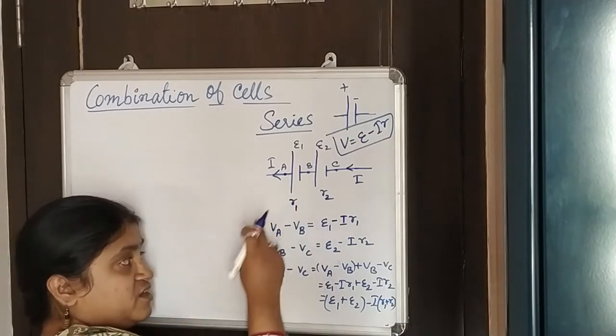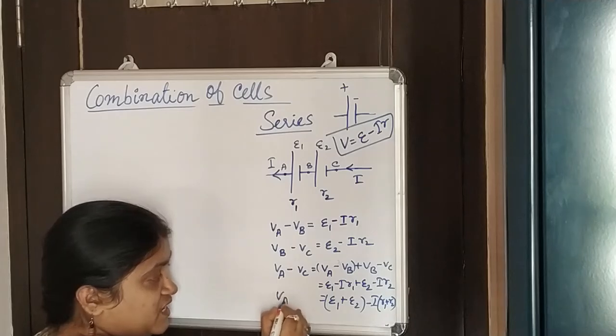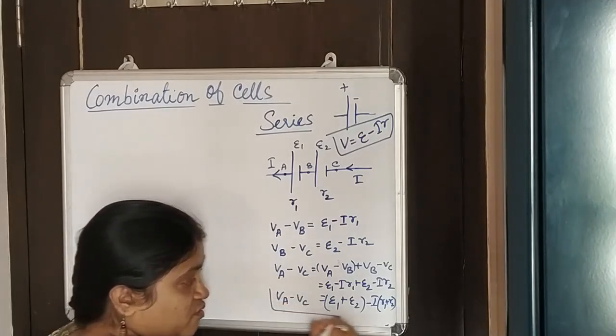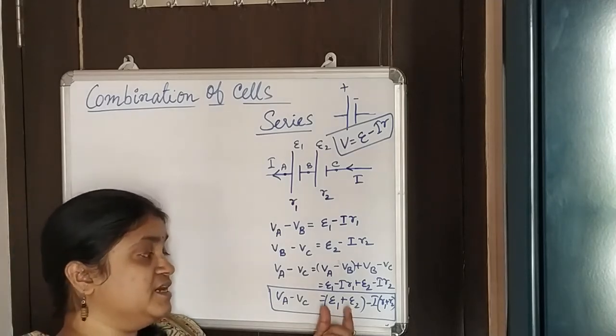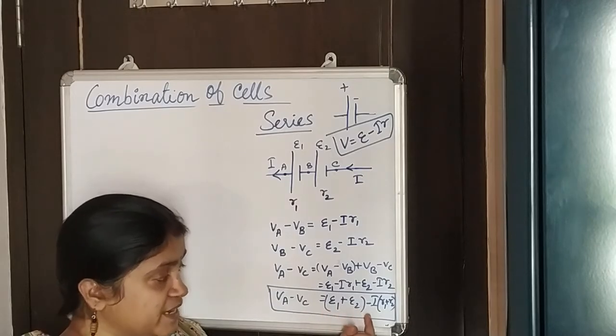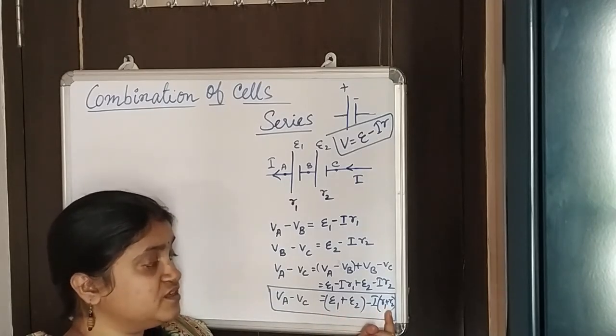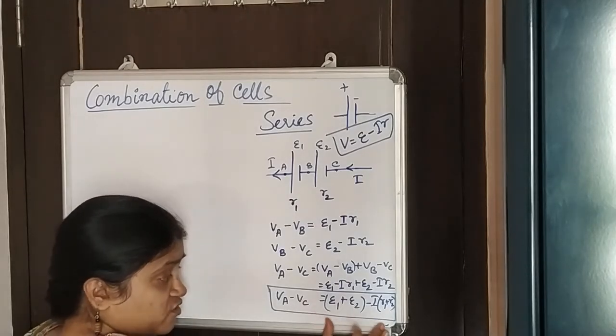So the potential drop across this combination, which is VA minus VC, is given by the sum of the EMFs of the two cells minus I times the sum of the internal resistances of the two cells.